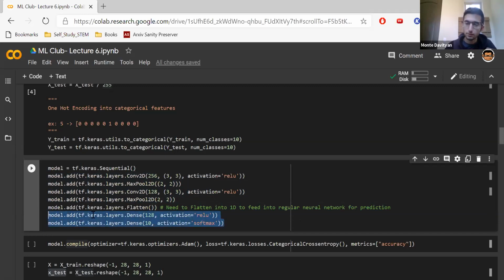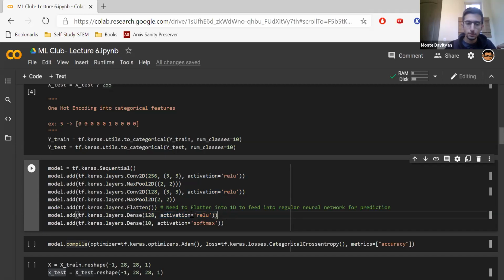And so we're going to flatten it. We're going to use this layer, tf.keras.layers.Flatten. What this is doing is taking this two-dimensional output and flattening it out into one-dimensional data, just so we can feed it into our regular neural network.